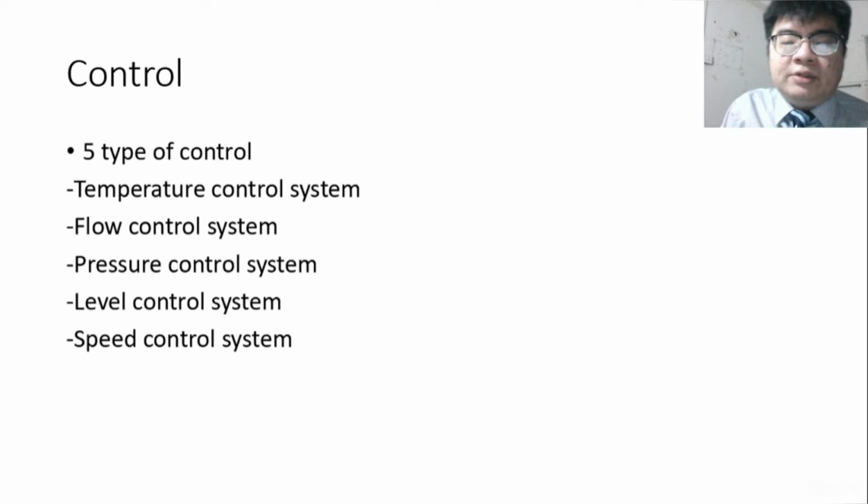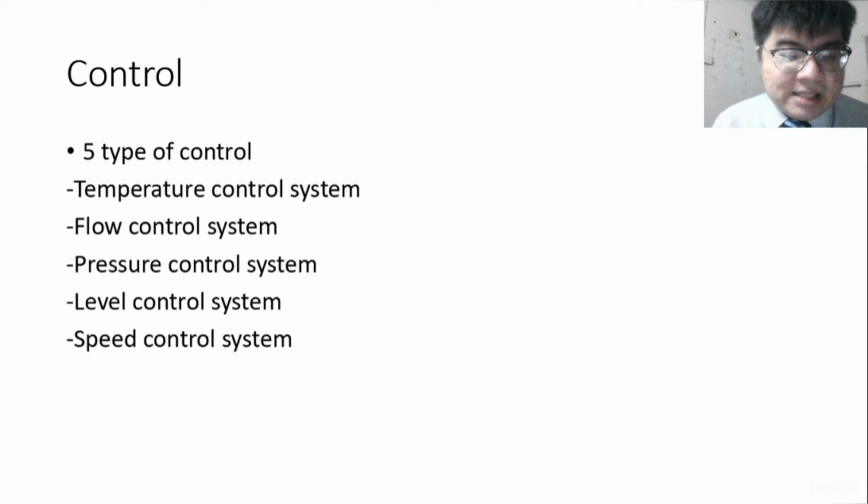For pressure control system, some of the equipment will build up pressure during the process, therefore it is used to monitor the pressure inside the equipment. The level control system is to control the level of the tank to prevent it from overfilling or underfilling.